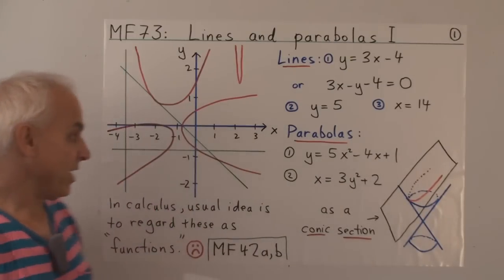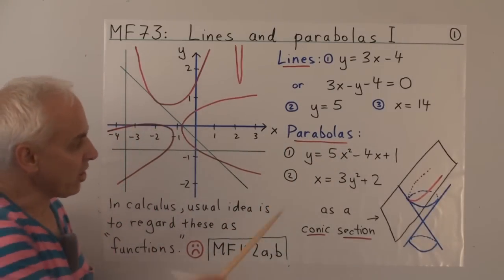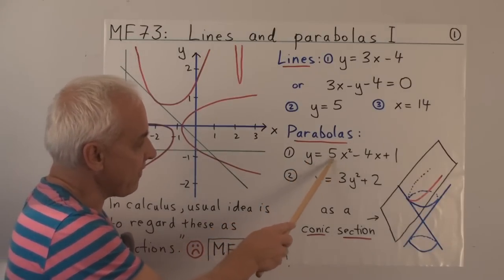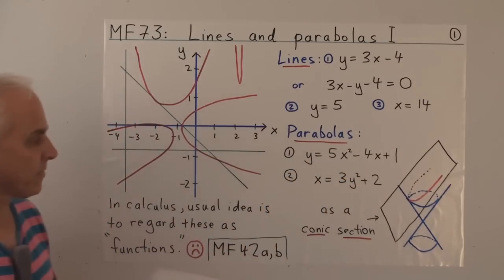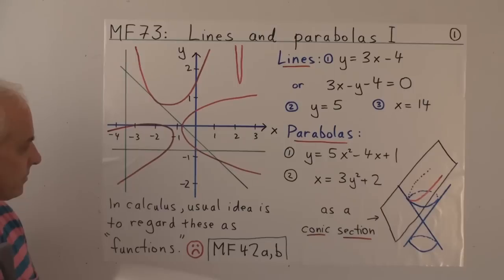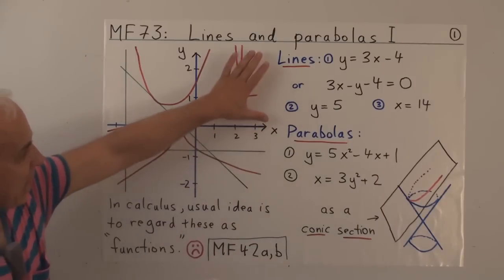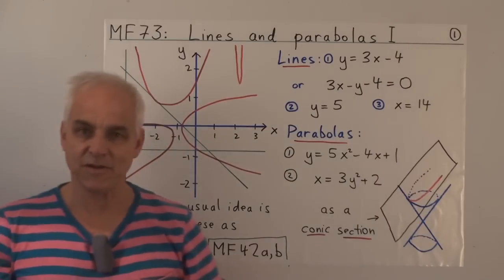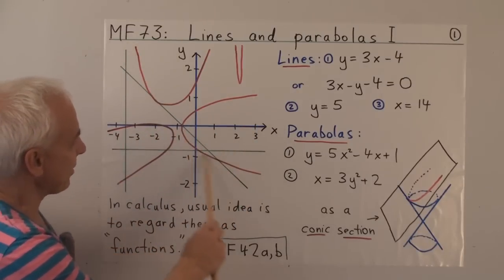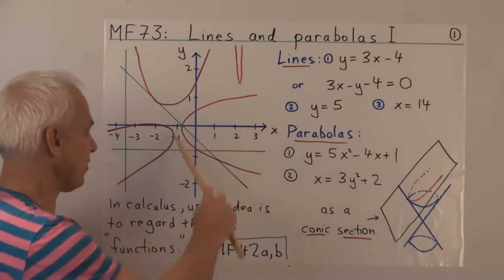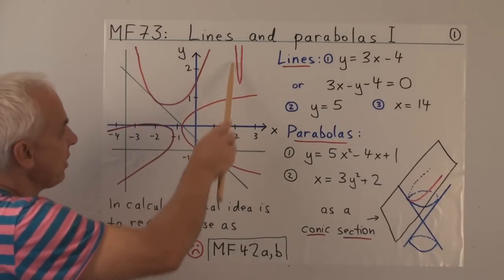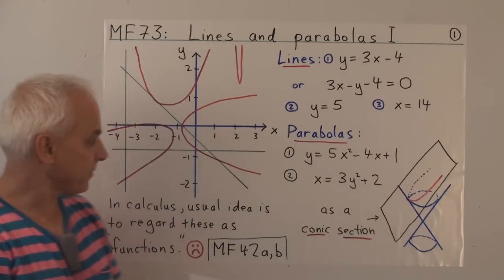Going up one step, we get parabolas, which are second-degree curves of the form y equals, say, 5x squared minus 4x plus 1. Or perhaps x equals 3y squared plus 2. Now, lines and parabolas are very familiar objects in high school, and students, of course, know lines that look like this, and parabolas are some kind of U-shaped curves that are usually drawn rather quickly, sort of like this, and they can be rather wide or they can be rather narrow, like that one too.